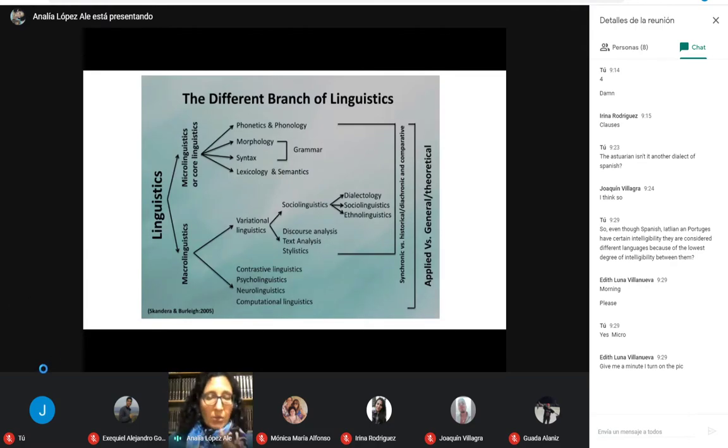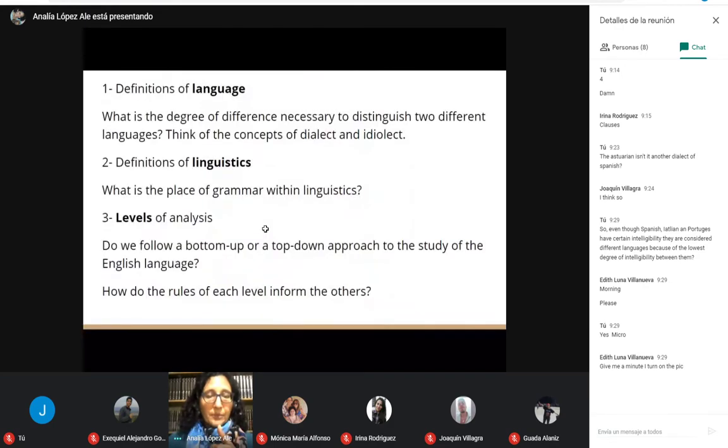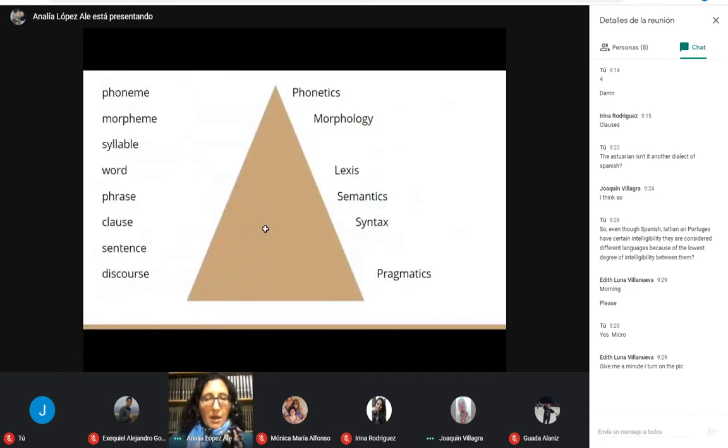Thank you very much, Monica, for the definition. Second answer, okay? Levels of analysis. In our majors, that is to say, profesorado, traductorado, licenciatura, do we follow a bottom-up or a top-down approach to the study of the English language?